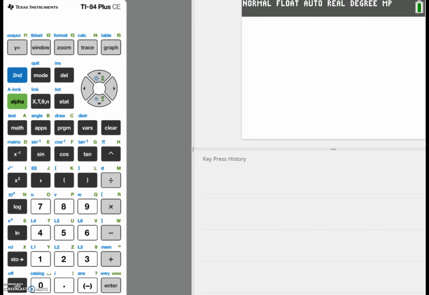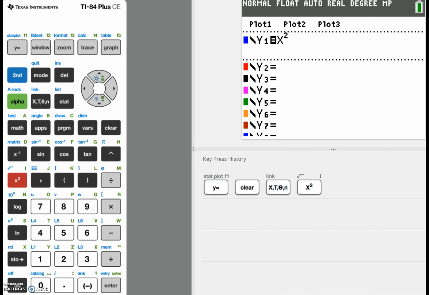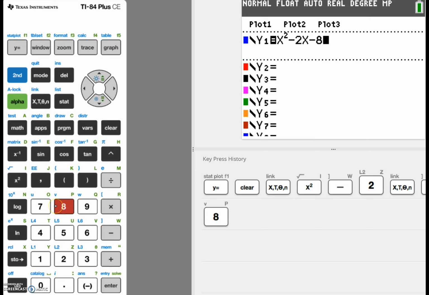To check if we did that correctly, we can go to our calculator and hit the y equals button. In y1, I want to put in the original equation, which is x squared minus 2x minus 8. Our goal, when we're looking for a 0, a root, an x-intercept, or just solving a quadratic, is to find what x-coordinate would make that parabola hit the x-axis.